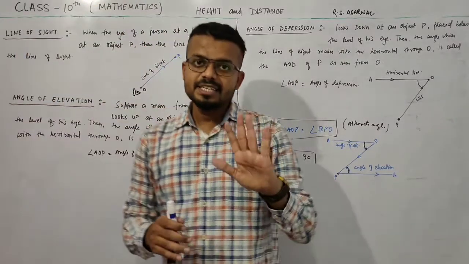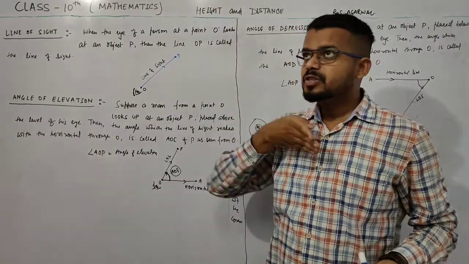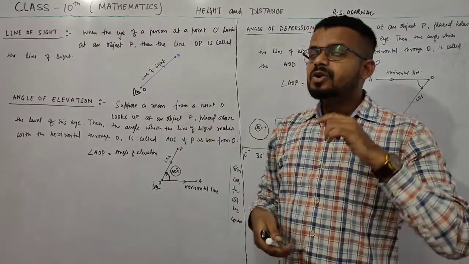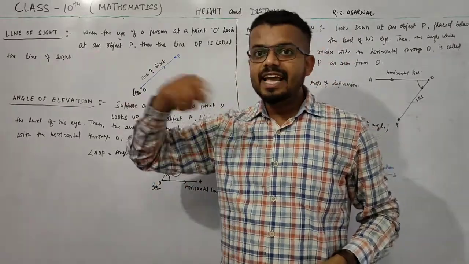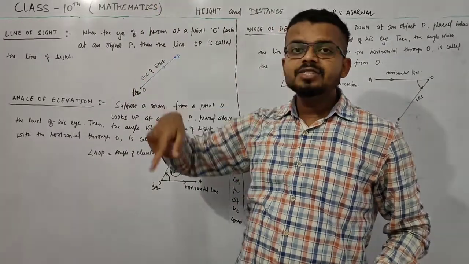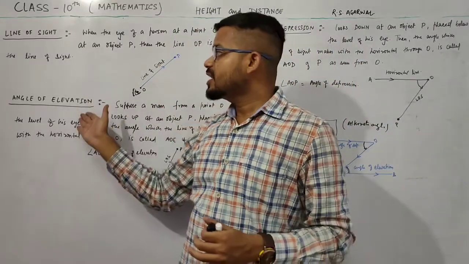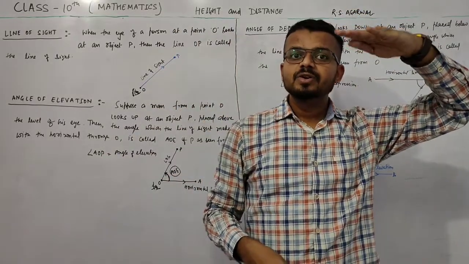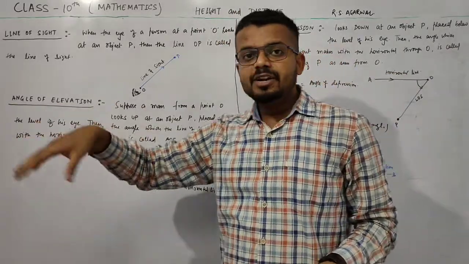Just take an example. I see that bulb. This is the line of sight. Now my eye makes a certain angle with the horizontal to see that object. This angle is called the angle of elevation. Now just take the opposite. I am at the top of the building and I look down at a certain object.